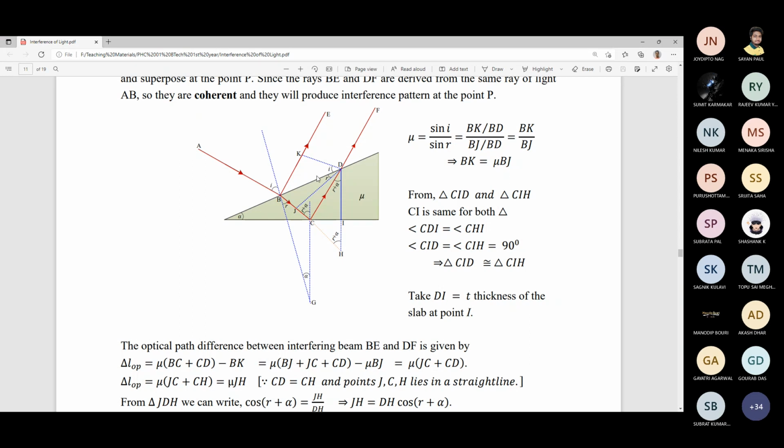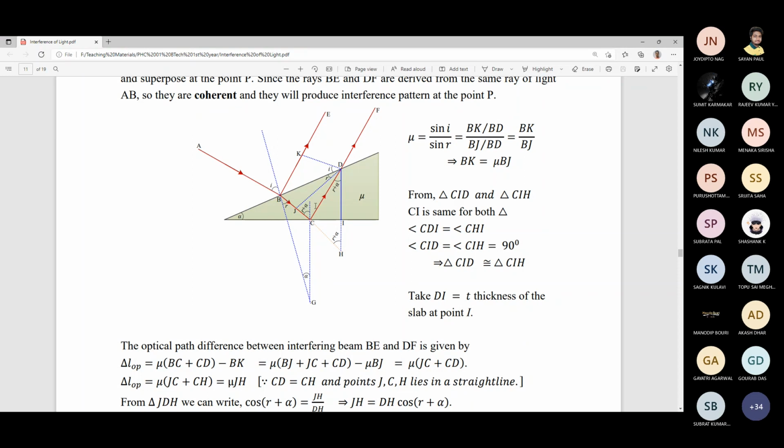Now, similarly, from the geometry, this angle is i and this angle will be r. This angle is also r. And one more thing we have to consider. Here you see, this is r plus alpha, so this angle is also r plus alpha.